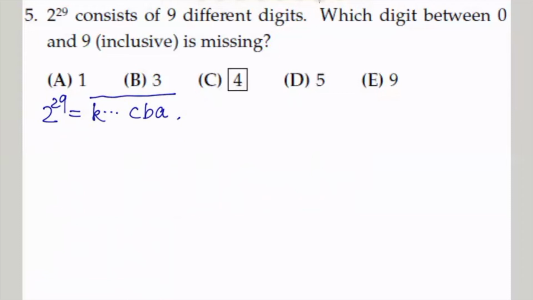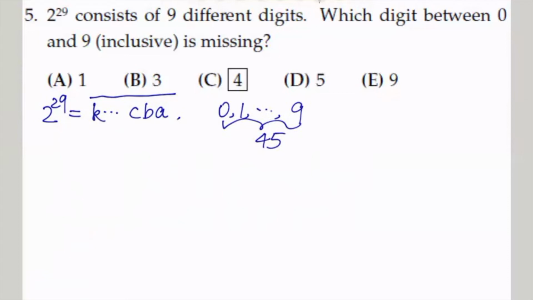So which means that one is missing, because if we look at all possible digits, we have 0, 1, dot, dot, dot, through 9. And the sum of all of them is 45. So now we know that one of them is missing, but we don't know which one. Okay, see that the total is 45. If we know the remainder when divided by 9, then we know which digit is missing.